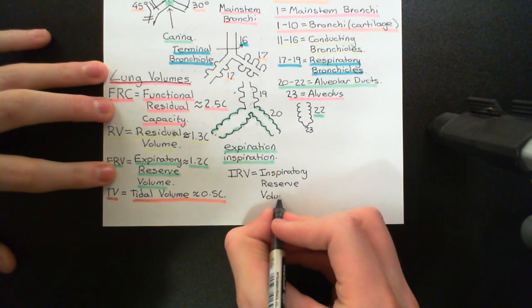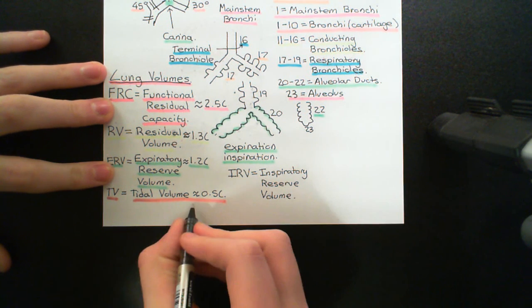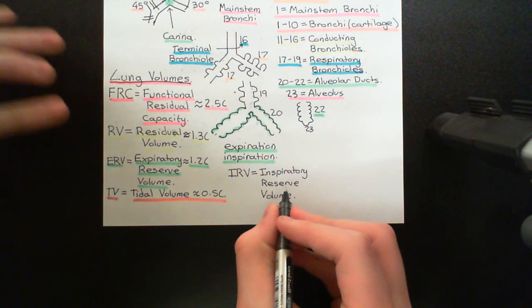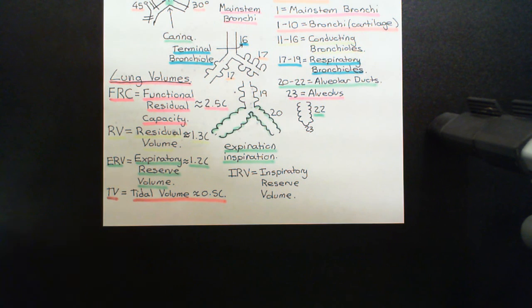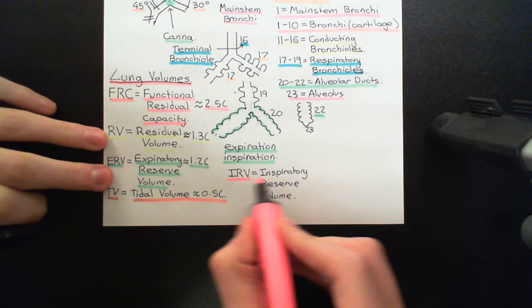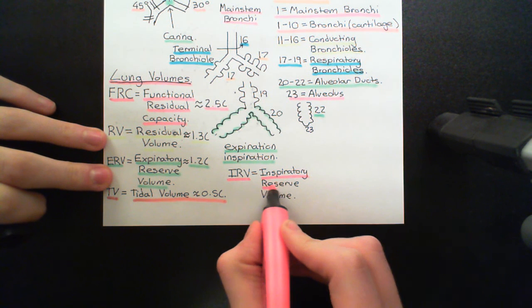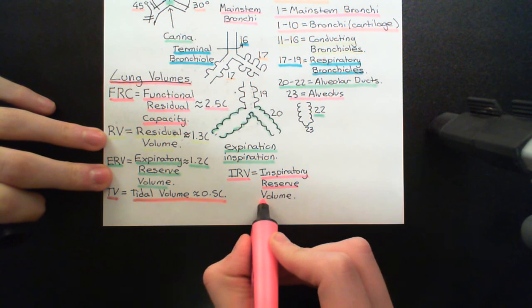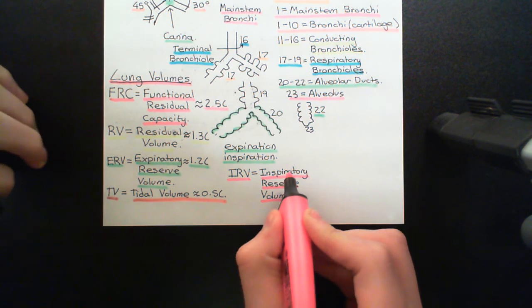This volume of air that you can breathe in on top of the normal tidal volume, if you're concentrating on your breathing or if you're exercising and you need to bring in more air, is known as the inspiratory reserve volume. It's the amount of extra air volume that you can inspire if you so need.